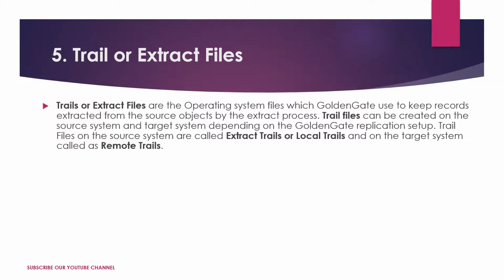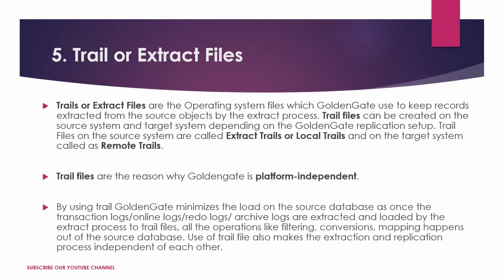So basically these files reside on both the source as well as the target sites. On the source system they are called extract trails or local trails, and on the target they are called remote trails. Trail files are the reason why Golden Gate is platform independent, and that's an important thing.